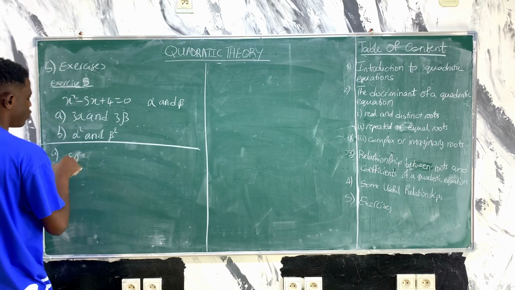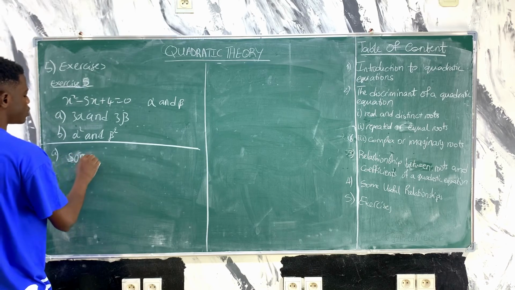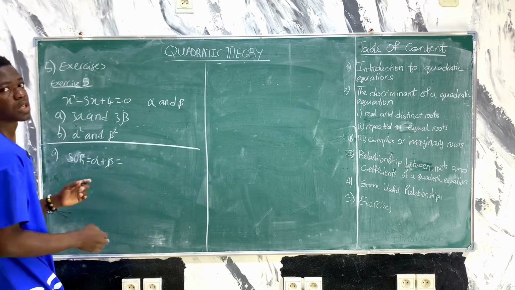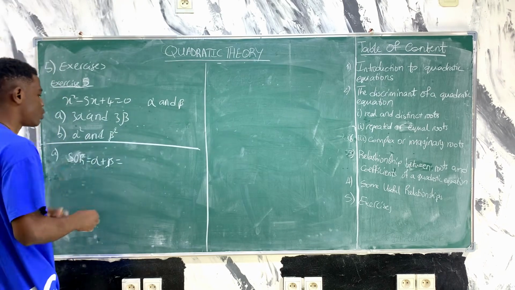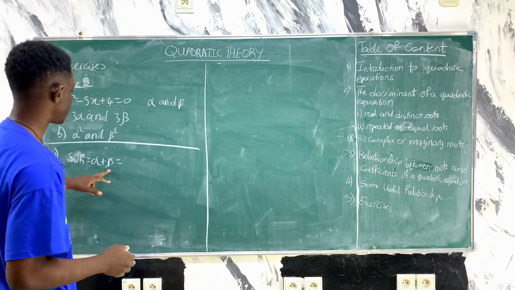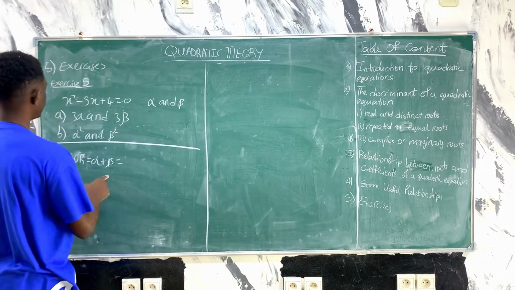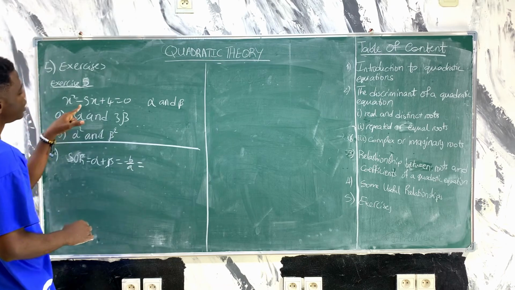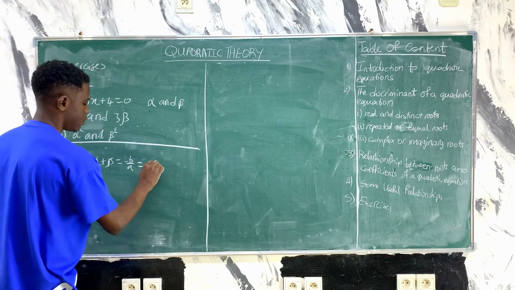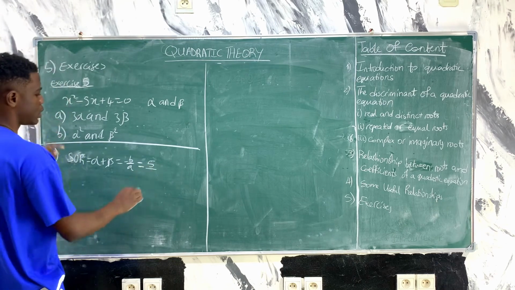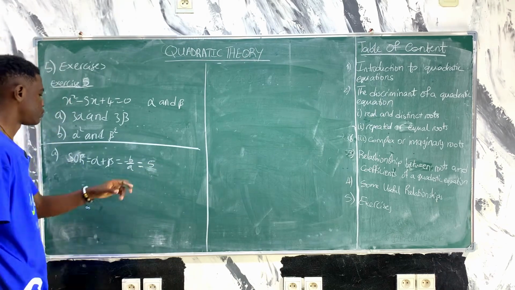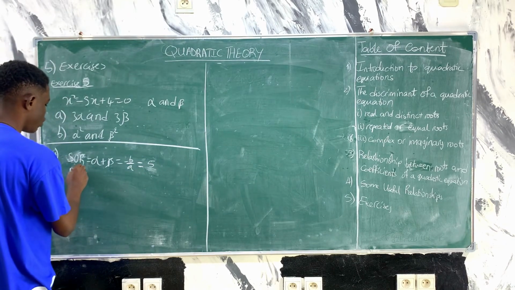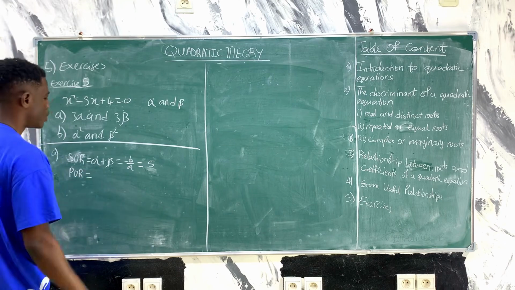Sum of all roots, SOR, is equal to alpha plus beta, because we said the roots were alpha and beta. Alpha plus beta is equal to minus b on a, which is minus minus 5, so that is 5 on 1, which is just 5. So alpha plus beta is equal to 5. The product of all roots is equal to alpha beta.